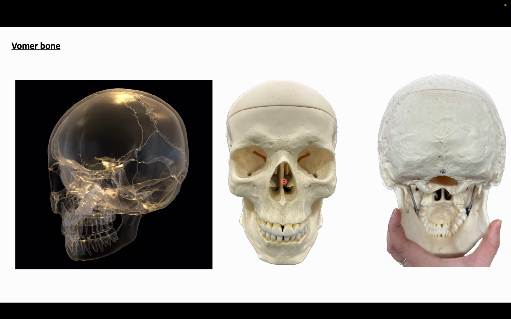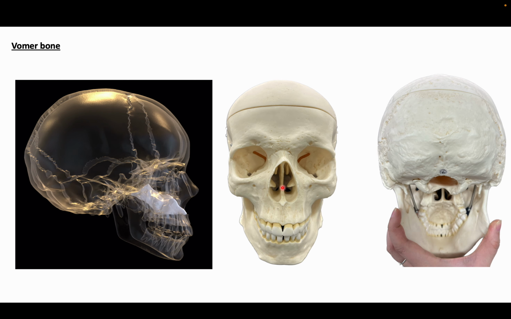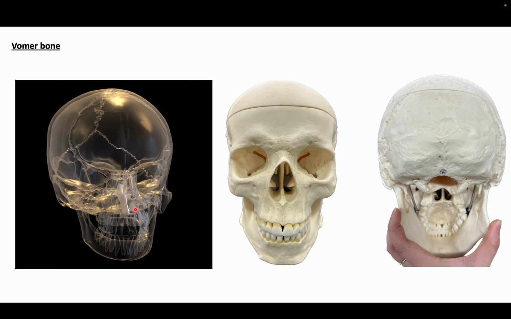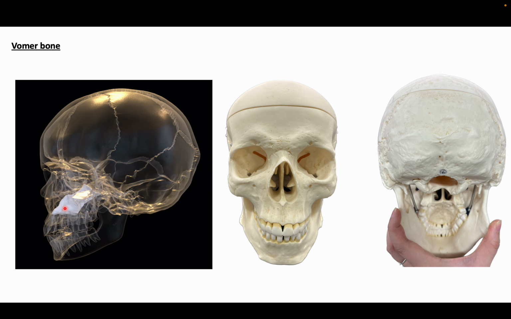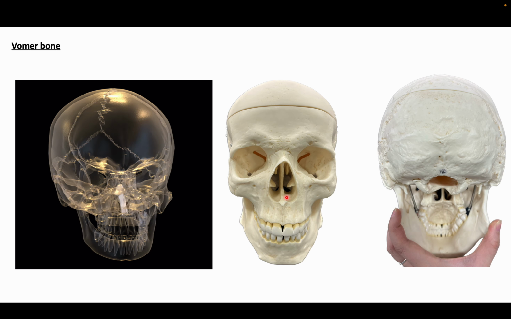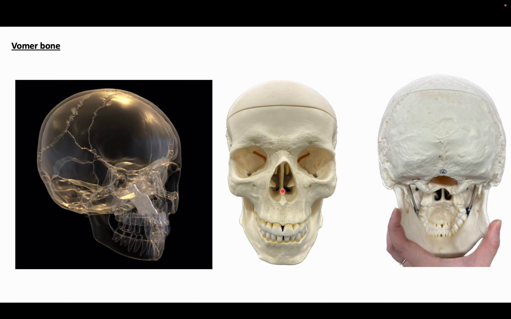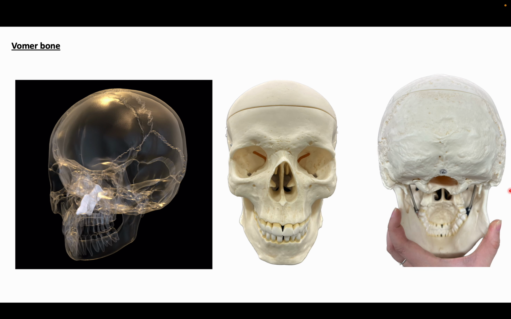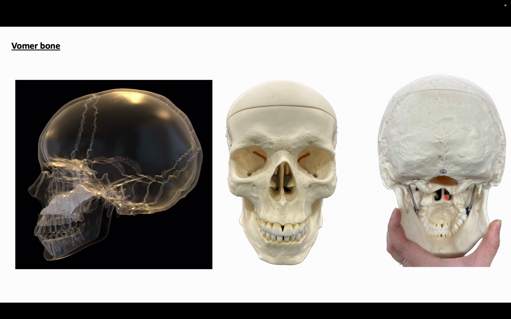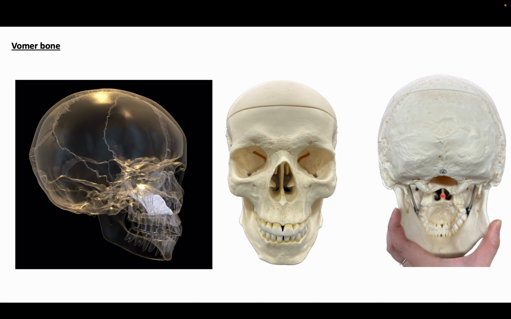The entire thing here is not the vomer bone. The vomer bone is only this small portion on the bottom part, just that small portion. The rest of it is seen from another view. And from the posterior view, you can see right here that this is part of the vomer bone. So vomer bone here as well.